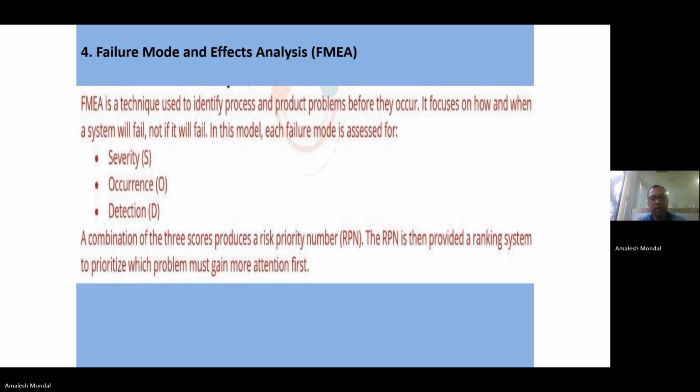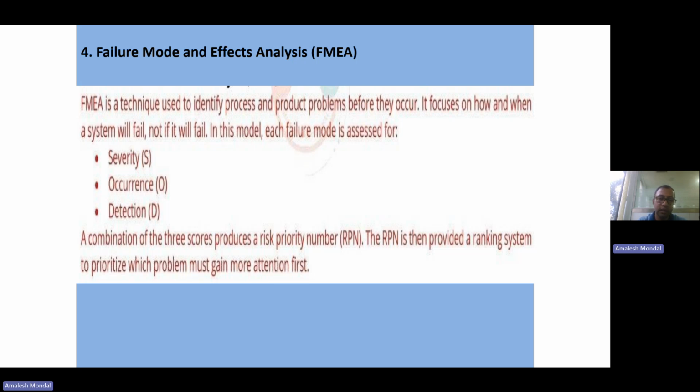Now, failure mode and effect analysis, FMEA. FMEA is a technique used to identify process and product problems before they occur. So precaution. It focuses on how and when a system will fail, not if it will fail. In this model, each failure mode is assessed for 3 criteria. Severity. Severity means risk कितना है.